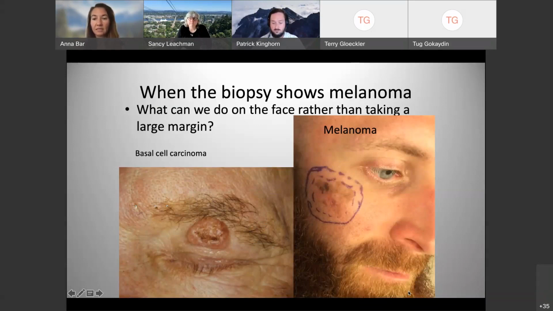So not everyone is trained in it or using it, but we have found that it can be an excellent technique to use on the face or other selected areas such as the scalp, where the melanomas can be very tricky and cosmetic result is of paramount importance.